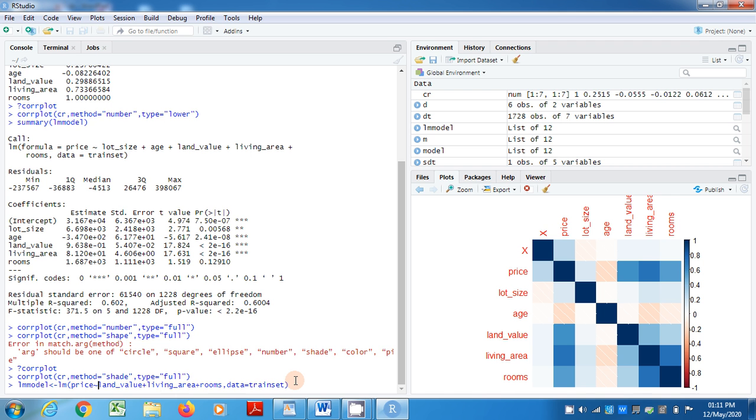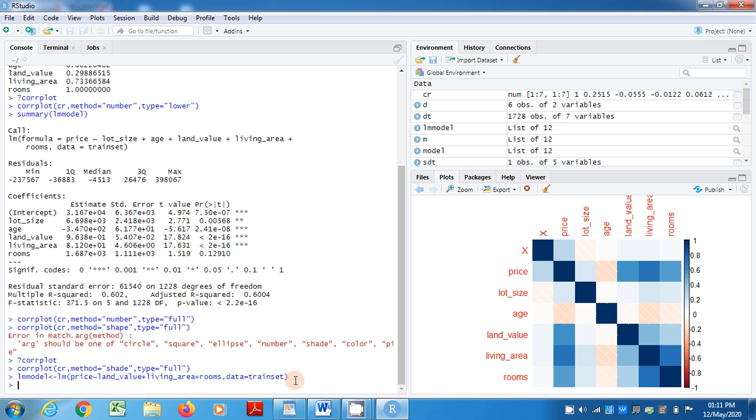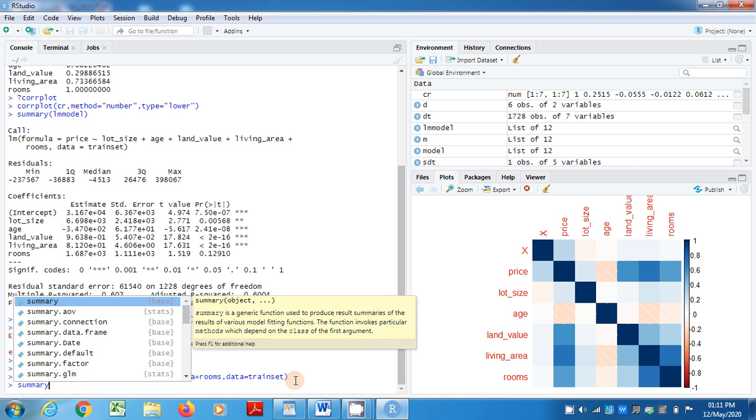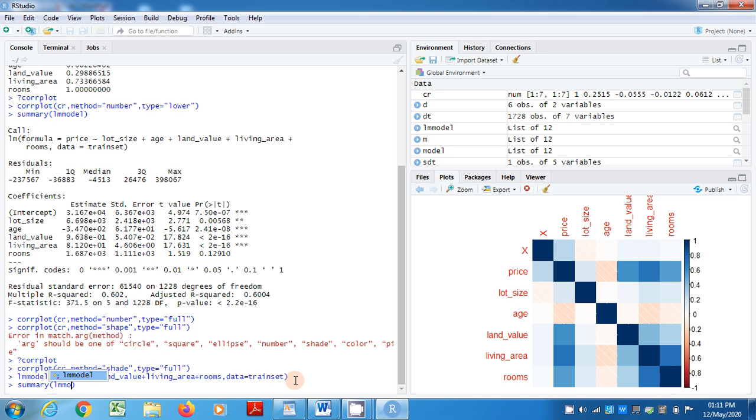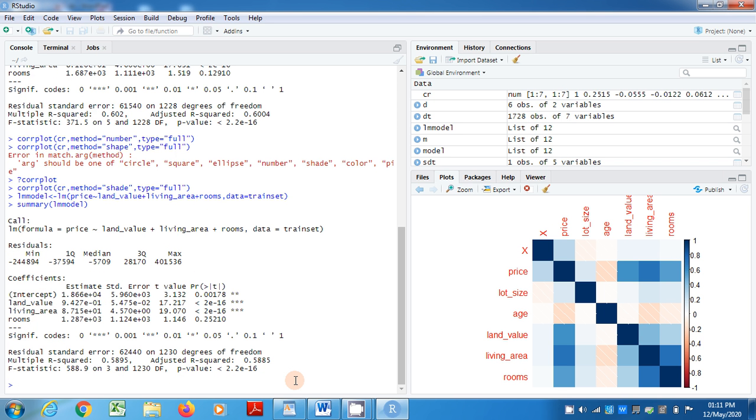So I will execute this. LM model, now we will see the summary again. So the summary of the newly trained LM model was done. Here also it is again saying that rooms are not giving any effect, and living area, land value.